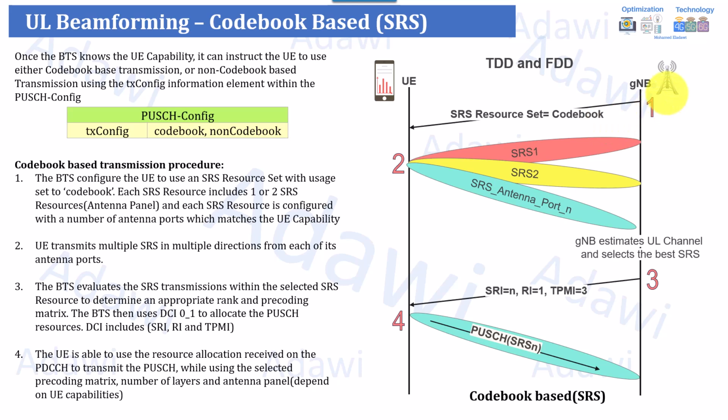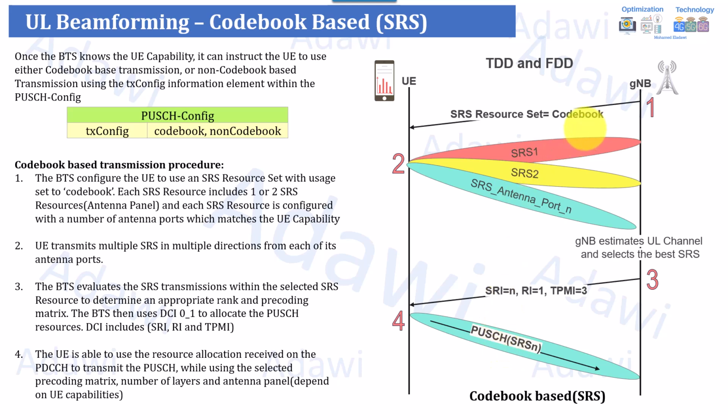So the gNB will send an RRC reconfiguration message in the downlink direction, which includes something called an SRS resource set with usage type codebook, telling the UE that we are going to use codebook to find your best beam in the uplink for the PUSCH, for the uplink data transfer.